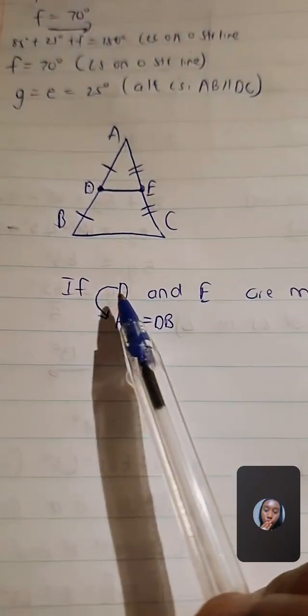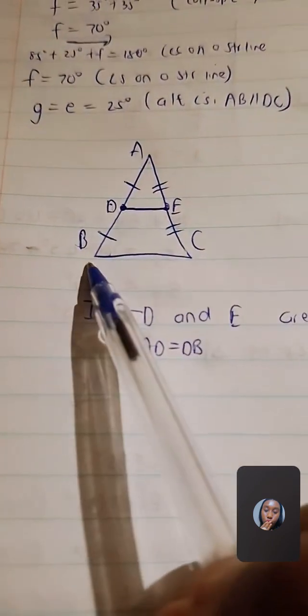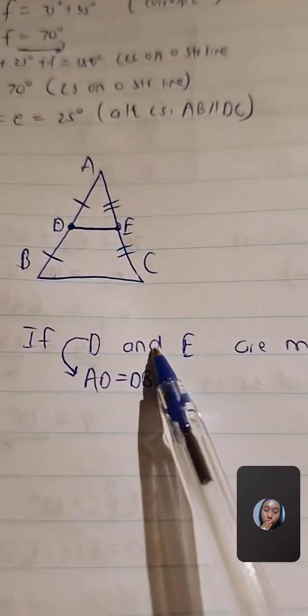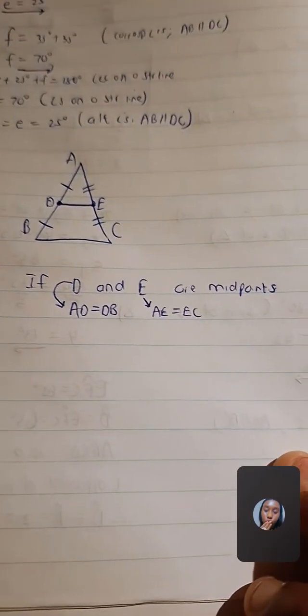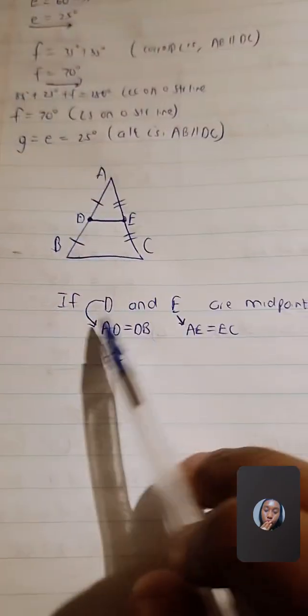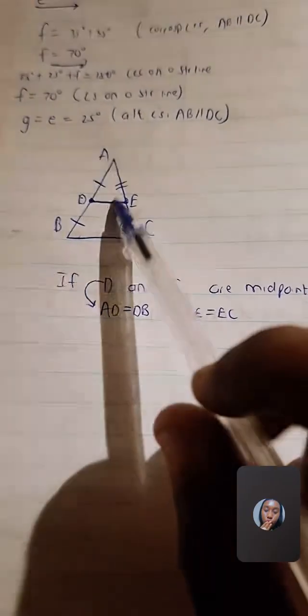And E is a midpoint, in other words, you are saying AE is equal to EC. So if D and E are midpoints, you are saying, in other words, AD is equal to DB.